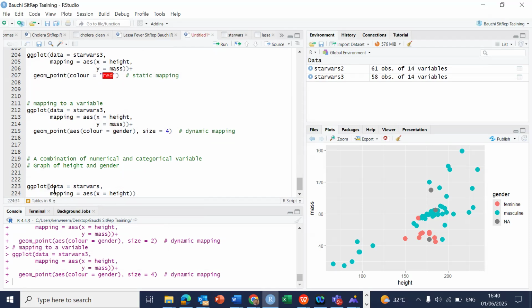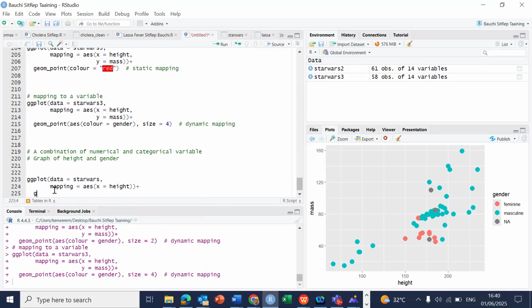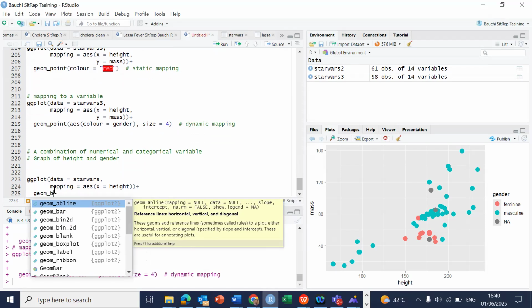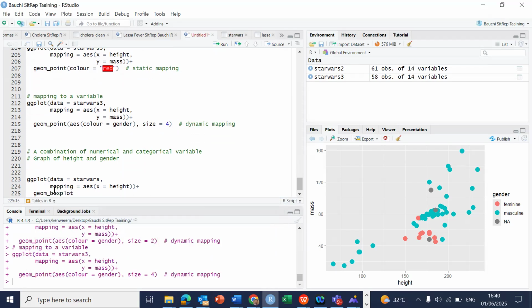That's for the numerical variable. And then plus our geom, let's use a box plot, because a single numerical variable can either be a box plot or a histogram. So now this is the graph of the numerical variable.